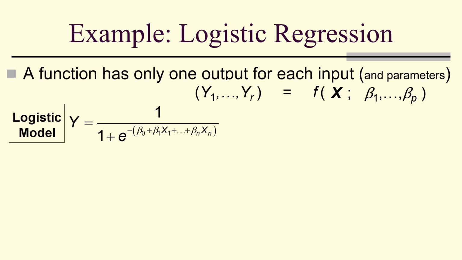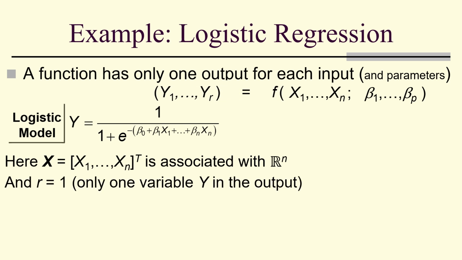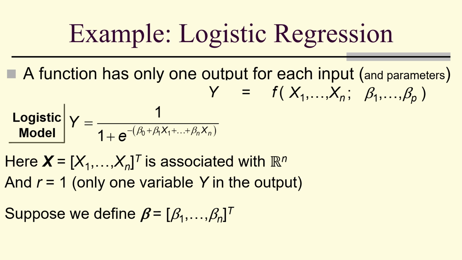For example, the logistic model. Here, our variable x is the column vector x1 to xn that's associated with Rn. So we have a model of this form. But we also only have one output variable, so actually we have a model of this form. Suppose we define a vector beta of the parameters beta 1 to beta n.